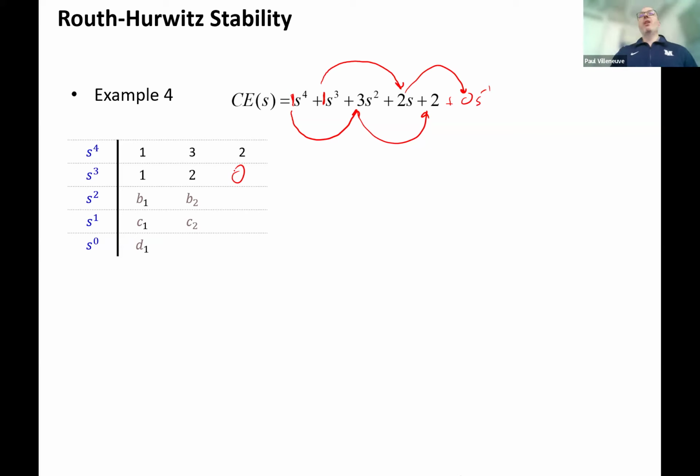Okay, B1. What is B1 equal to? I had a student ask me about this a little bit yesterday. So here's the algorithm, if you will, that you're going to use. You always take the first 2 columns in the rows just preceding the coefficient you're calculating.